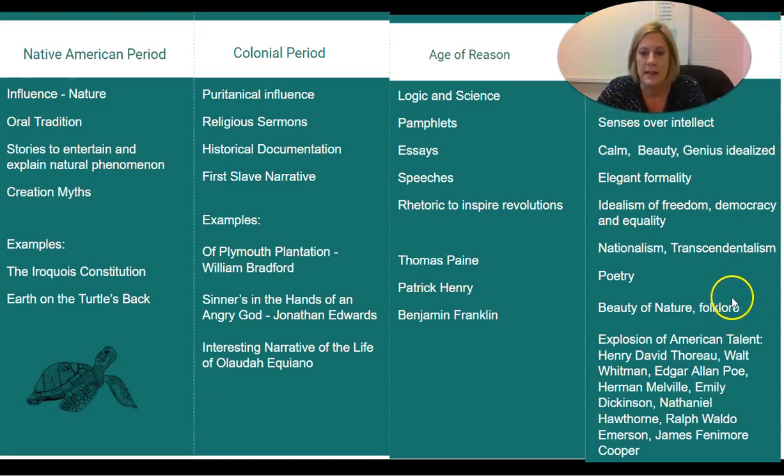It's just fantastic. There was the poetry of the time, Emily Dickinson, the quintessential American poet, and the beauty of nature, and finally some folklore. Look at the list here of some of the people who were talents of the time. Edgar Allan Poe, although he doesn't fit into these movements, he fits more into the Gothic movement.